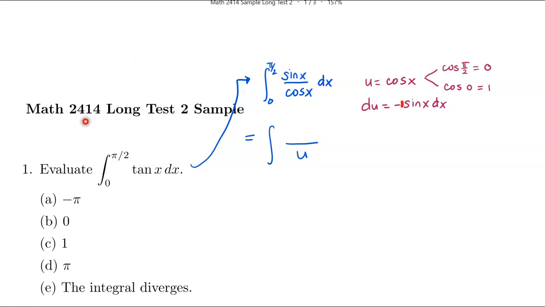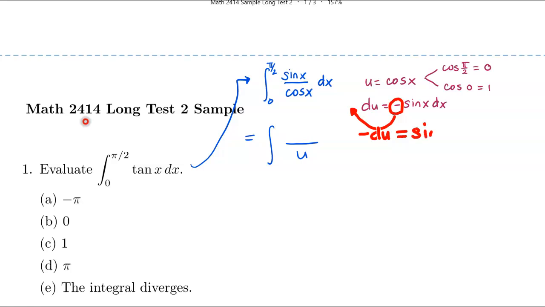From here, I could move this negative sign to the other side of the equation, so I'll have negative du equal to sine x dx. All right, so that means that this sine x dx here is just negative du. That's for the sine x dx.